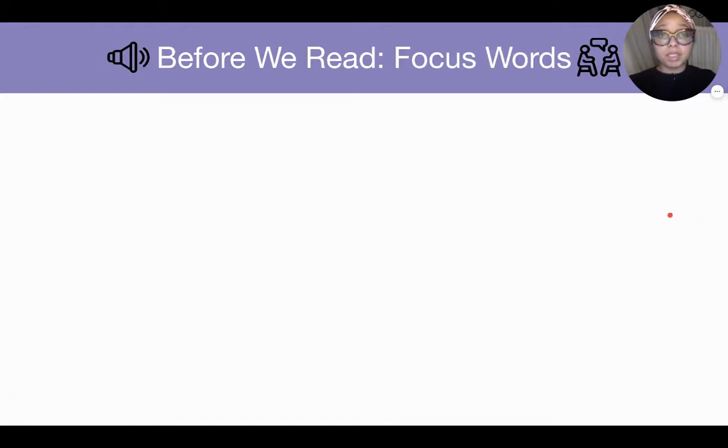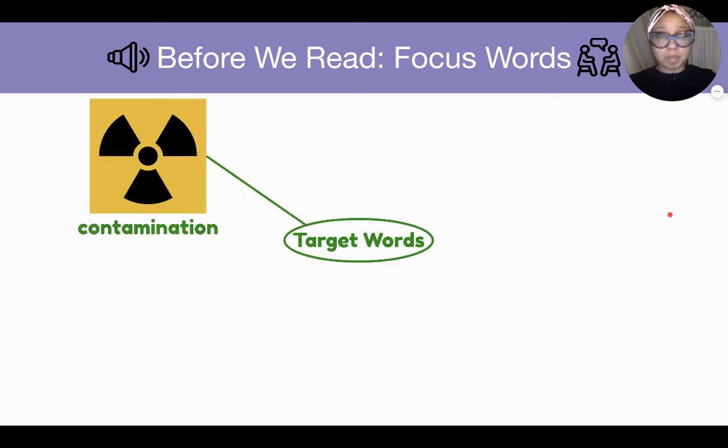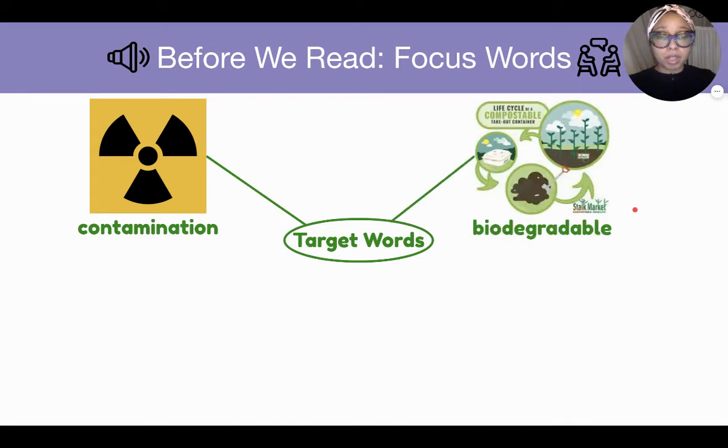Before we read, let's look at some of the target words we're going to see in the text today. Contamination. Contamination means when something has chemicals and becomes unsafe to use. Biodegradable.